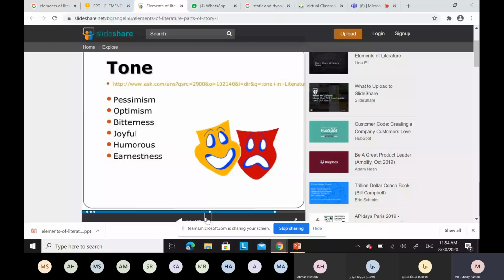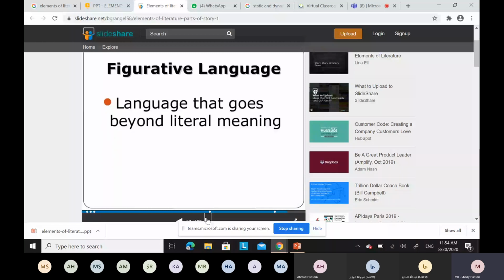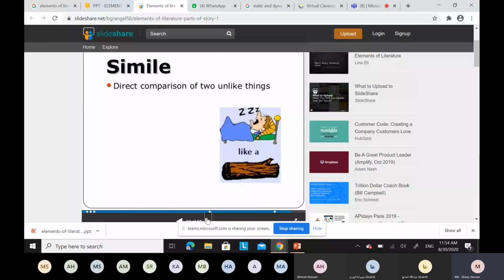And the last thing in here is the figurative language. The figurative language is language that goes beyond literal meanings. Like a simile, for example, when you are making a comparison and say someone is like, for example, Ali is like a lion.